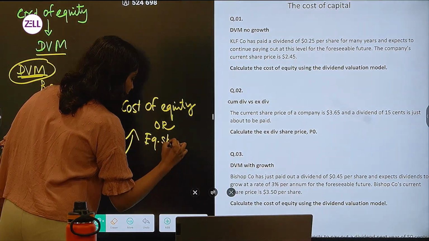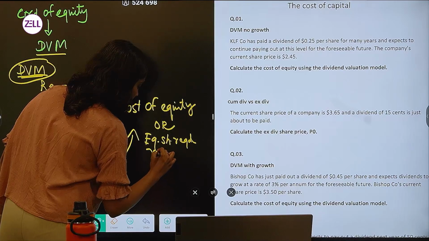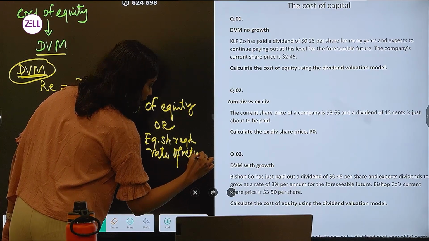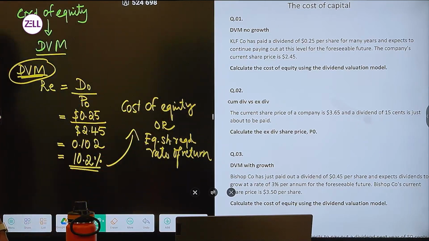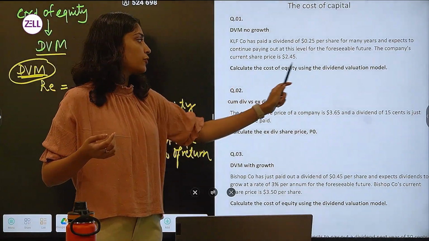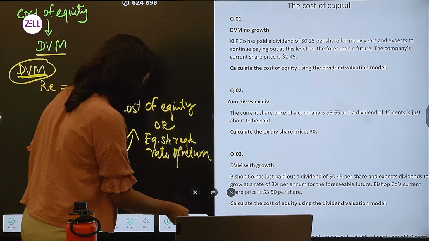So this is also called the equity shareholders' required rate of return. Alright, so this is your answer to the question, which is your cost of equity using dividend valuation model. Now moving on to the second question.